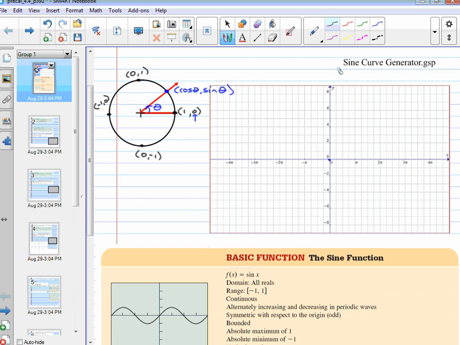Starting at 0 radians, the value of sine is 0. Then as I come around the circle, it's the y value, which keeps getting bigger and bigger until I get up here, all the way to 1. And that's pi over 2 for that angle. 90 degrees is pi over 2. So that would be right on this location. I'd be all the way up to 1.